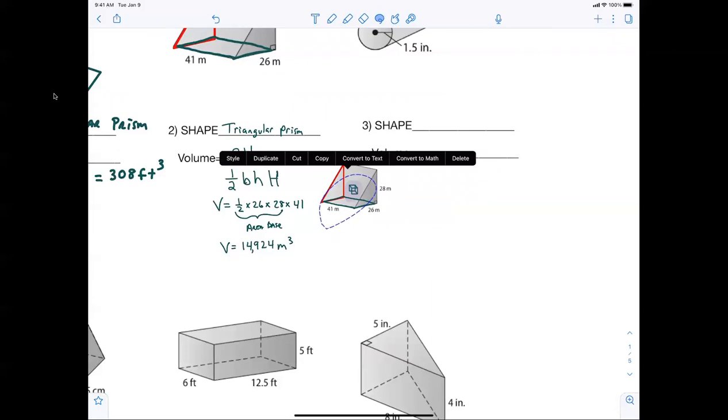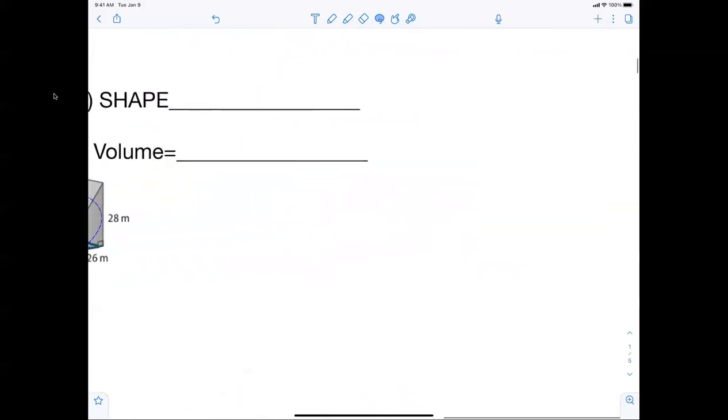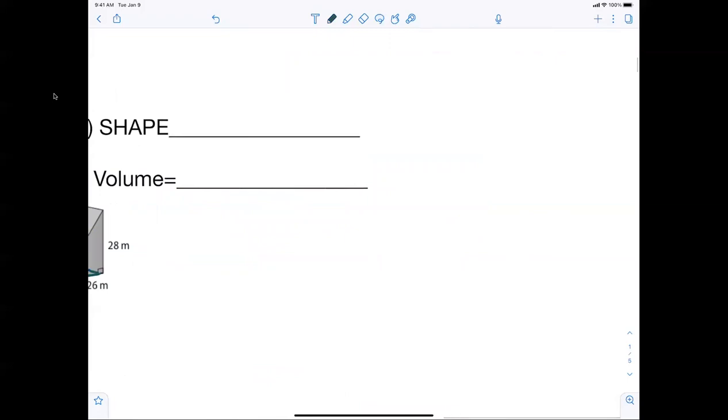You with me on that? So again, I always try to show kids, I used to make my kids write an inch, then a square inch, and then a cubic inch. You see what I'm saying? And cubic is for 3 dimensions, area is for 2 dimensions, and length is 1 dimension.